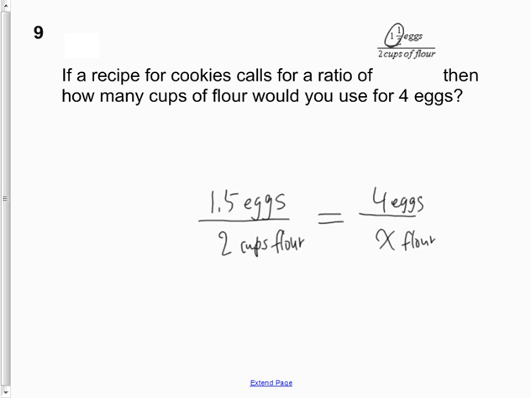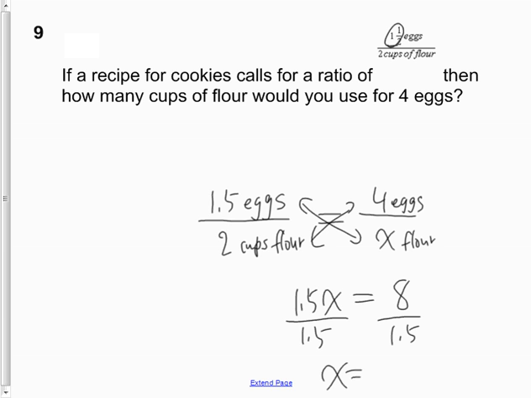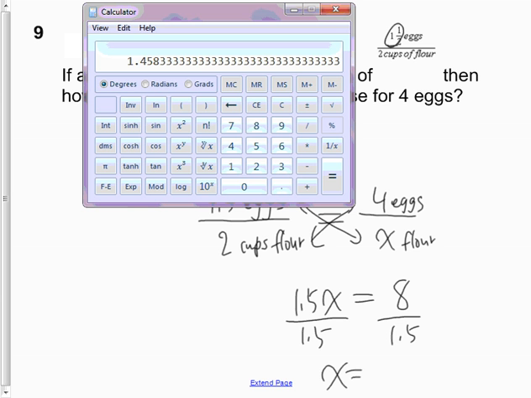So when I solve this, I'm going to create that algebraic equation. First thing I'm going to do is multiply this way to get 1.5x is proportionate to multiplying the other way to get the other side, 8. Divide both sides by 1.5, and you find out that x equals 12. No, sorry, 5.3.